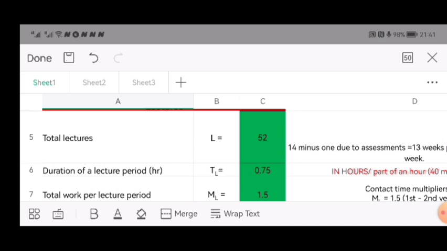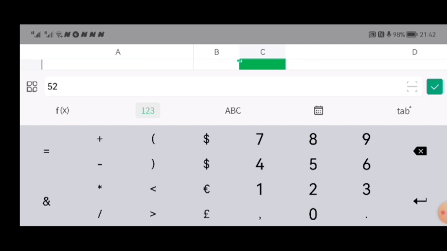But now the question comes, what is the period duration for that? We're gonna assume each period to be 30 minutes. So what it means then, 2 hours divided by 30 minutes, what will you have? 2 hours divided by 30 minutes will have 4.